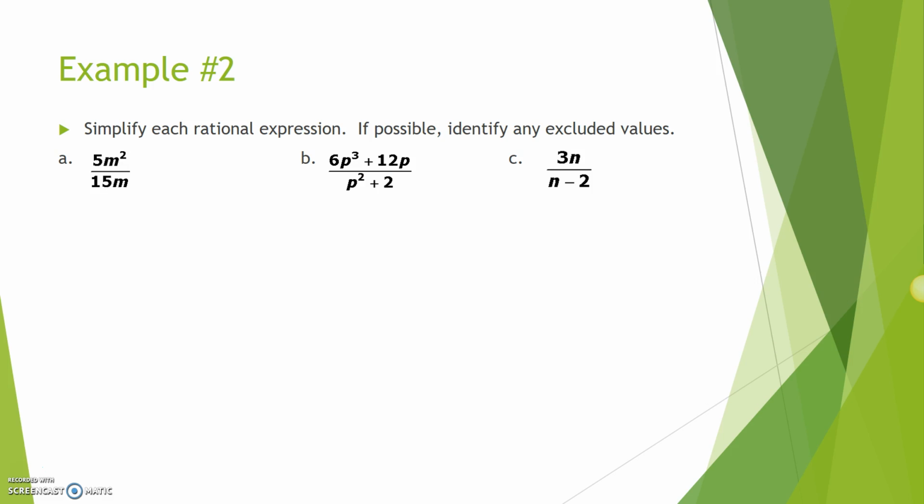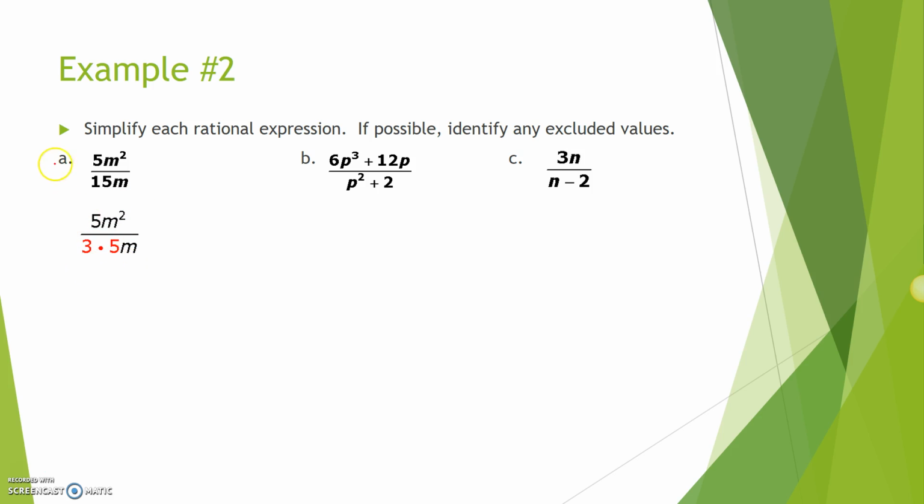With example number 2, we're going to simplify these rational expressions, and then if possible, we'll see if there are any excluded values. Sometimes you might run into a situation where you don't have excluded values. The first one here, we have 5m squared over 15m. Our first step is to factor 15. Notice we have 5m squared for the numerator.